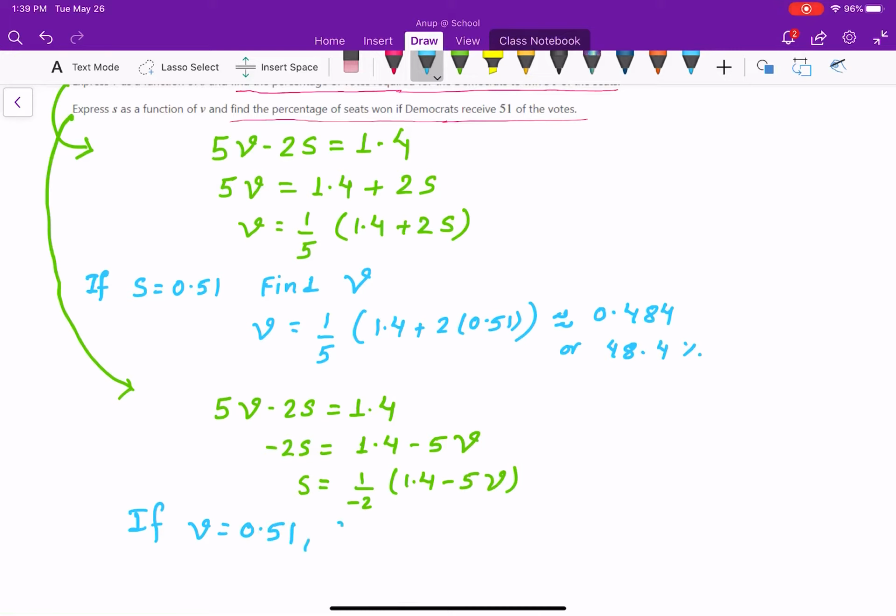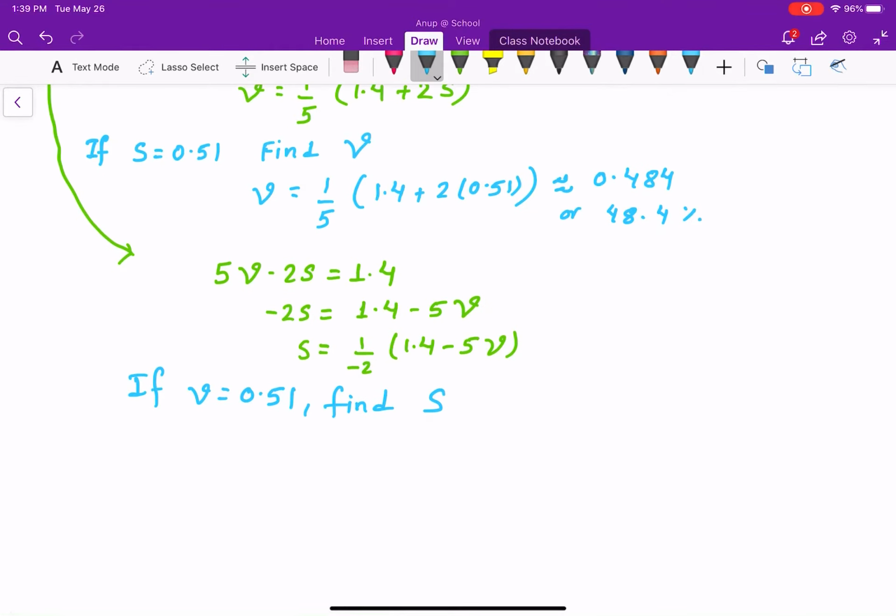Our goal is to find S. We already have the relationship we obtained, so we can just use that: 1 over negative 2 times (1.4 minus 5 times 0.51). Just use your calculator to see that this is equal to 0.575, or we can say 57.5%.